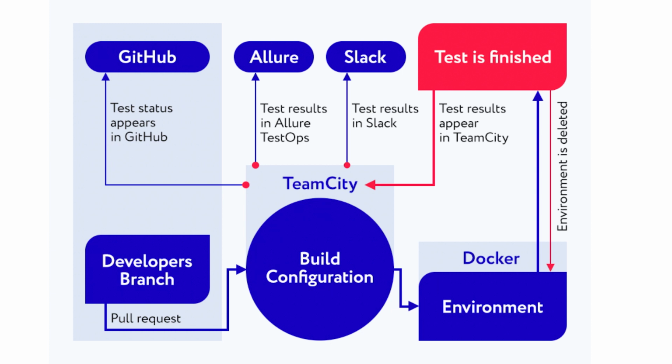By trigger, we automatically start our tests in TeamCity, automatically start our environment in Docker, and when tests are finished, we upload results to Allure TestOps by TeamCity plugin. We notify all interested persons by our internal Slack notifications, and also we upload results to GitHub. And so this final step, as you can see here in GitHub, you can see these results of build configuration with GitHub checks. It's called checks in GitHub language.